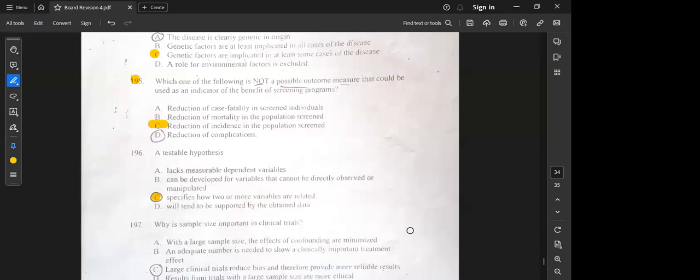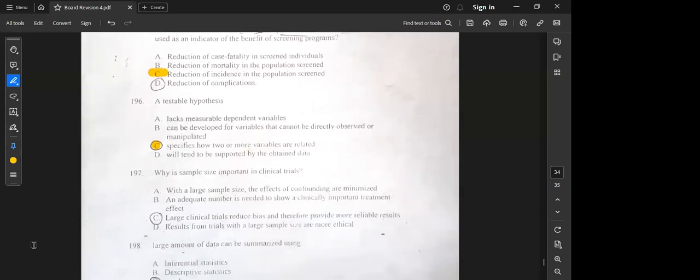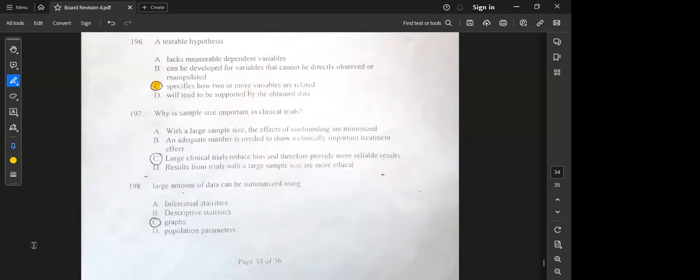So, accessible hypothesis, any argument, any dispute? It specifies how two or more variables are related. Let's continue, 197. Why is sample size important in clinical trials?